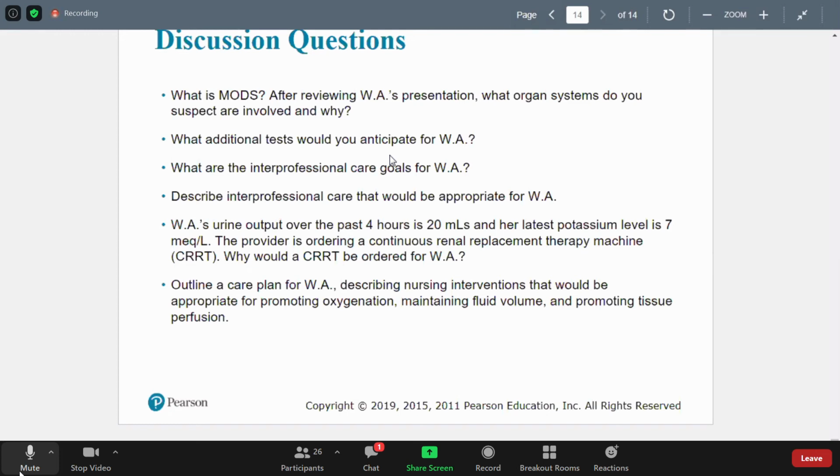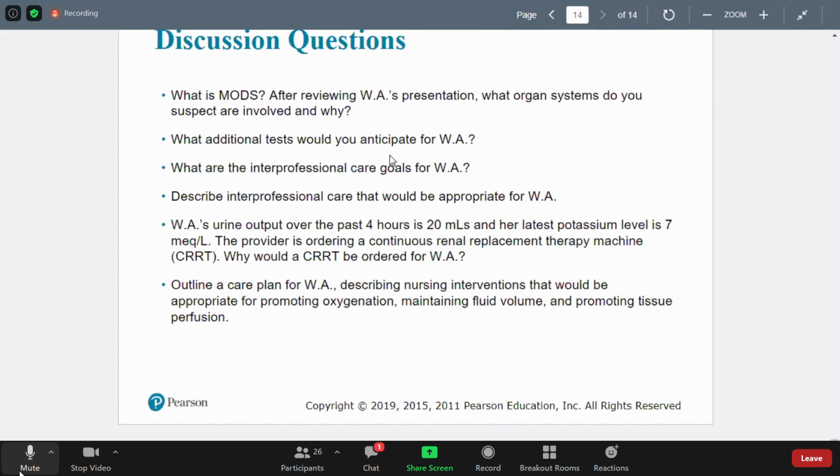Her BUN and creatinine, if everything is in place, then yes, they will do the CRRT. Okay, continuous renal replacement therapy. But otherwise, they will just give her the insulin, which can take care of that. Right. The insulin will bring down the potassium. And what about Kayexalate? You can give Kayexalate to bring down the potassium. Now, support for individual organs.